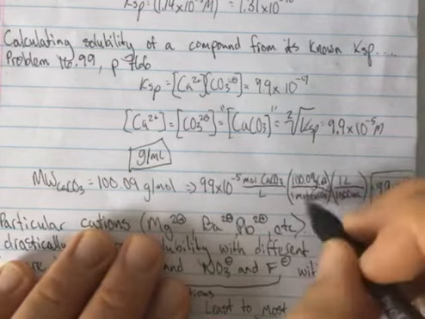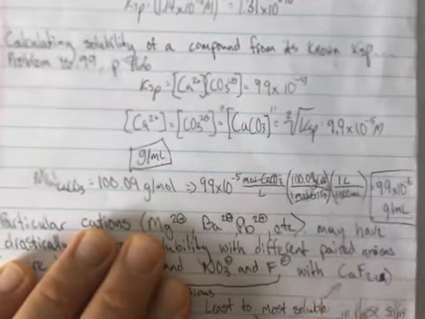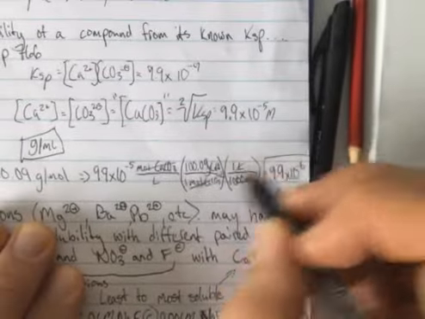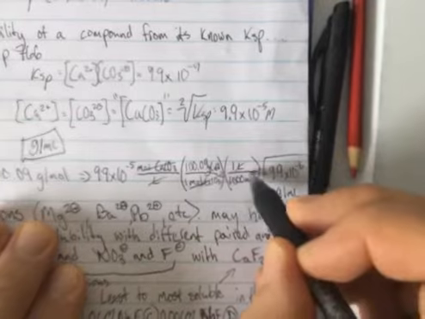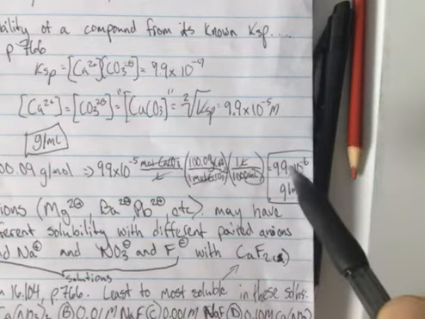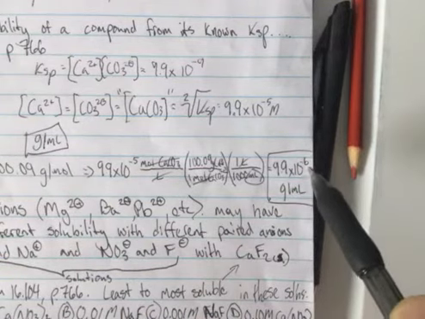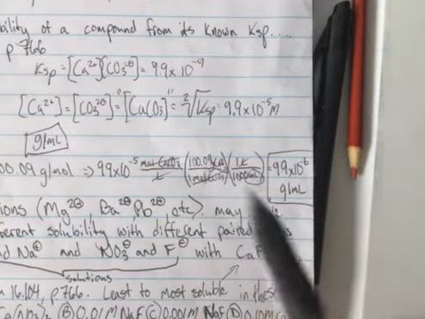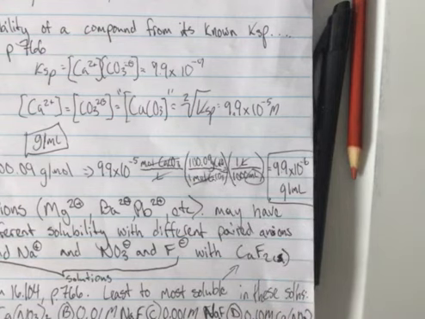Moles of calcium carbonate cancel out, liters cancel out as well, and we have milliliters on the bottom. So we express everything in grams per ml: 9.9 times 10 to the minus 6 grams of calcium carbonate per ml. Very low solubility.